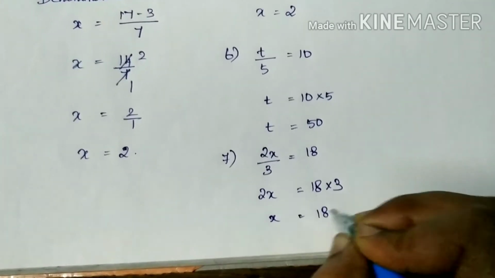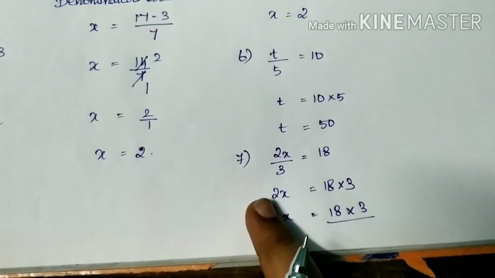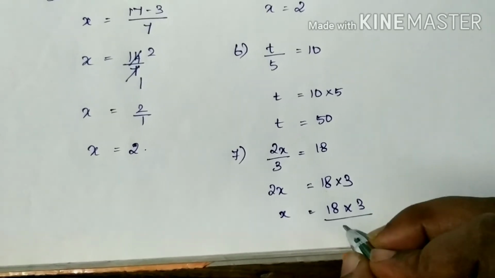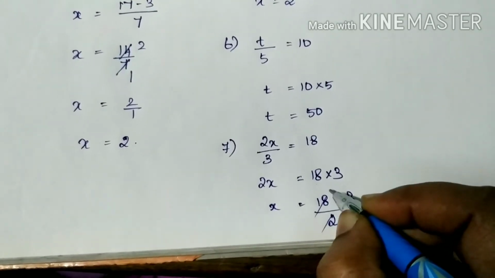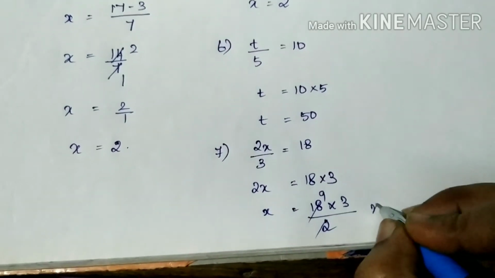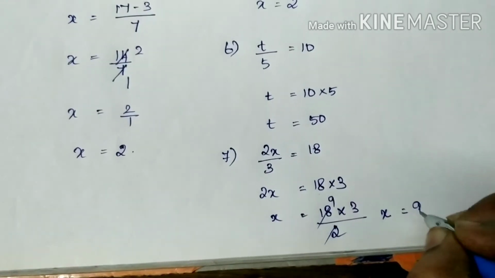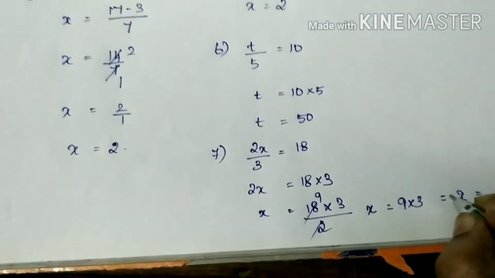So 18 multiplied by 3 divided by 2, this multiplication will come this side, which means it will change into division. Next it will cancel in the 2 table, 9 times. So the x value is 9 into 3.